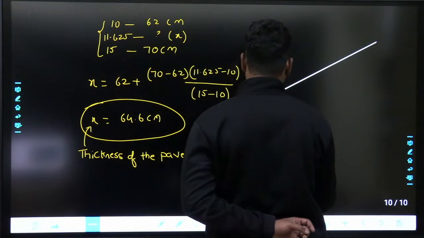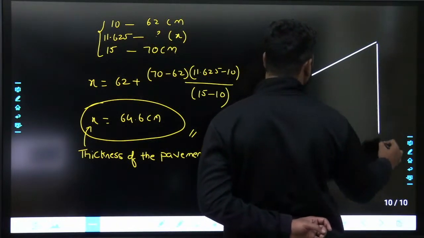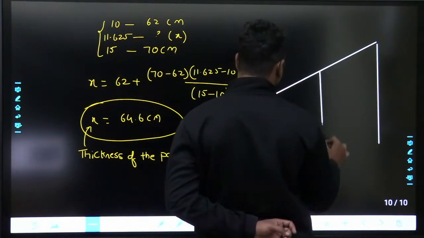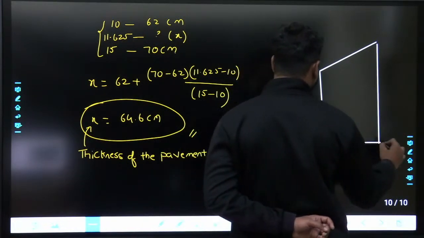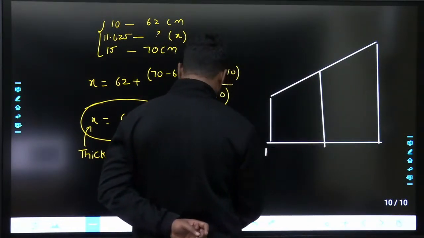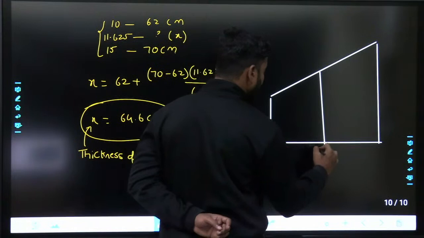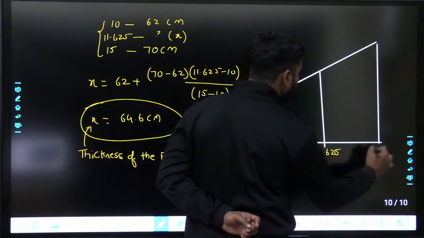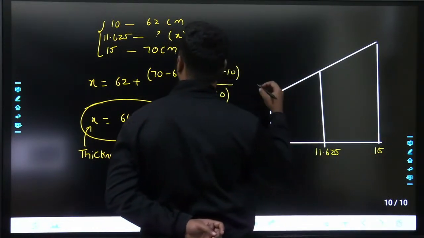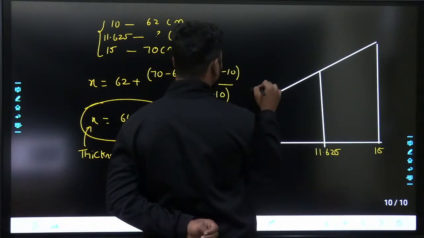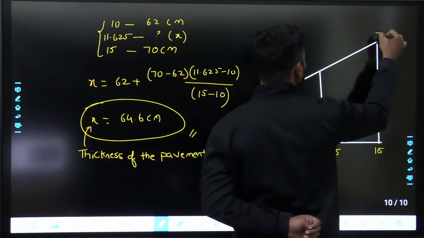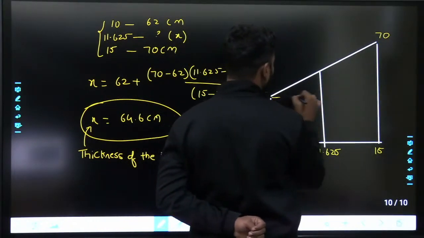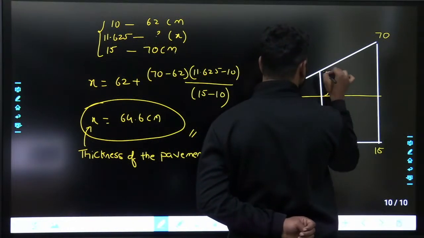For 10 the value is 62, for 15 the value is 70. What is the value for 11.625? I am asking. This is for 10, 11.625, 15. For this the value is 62 and for this the value is 70. What is the value for this? I am asking.